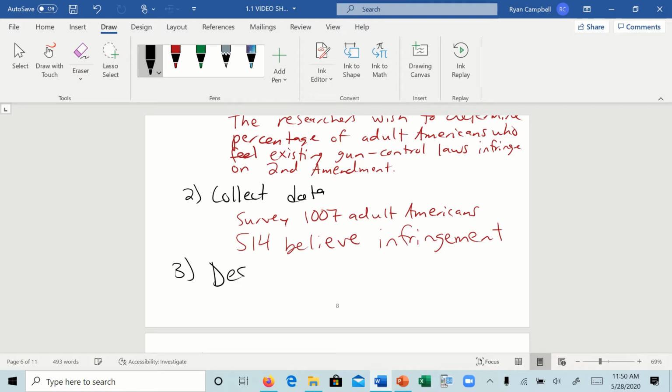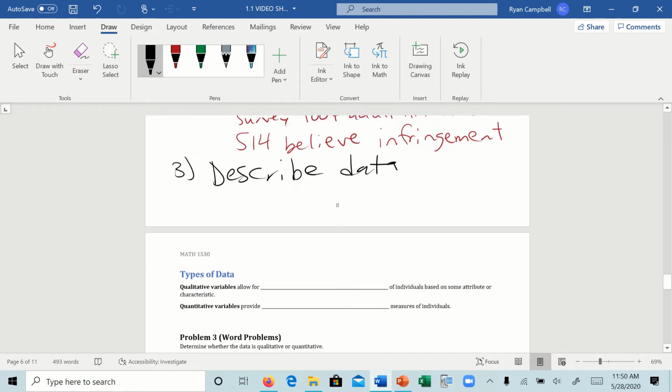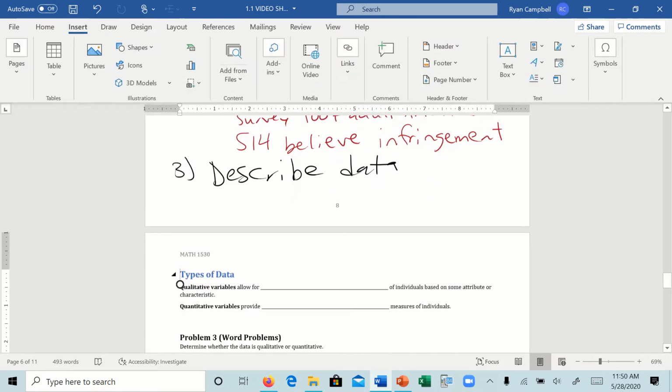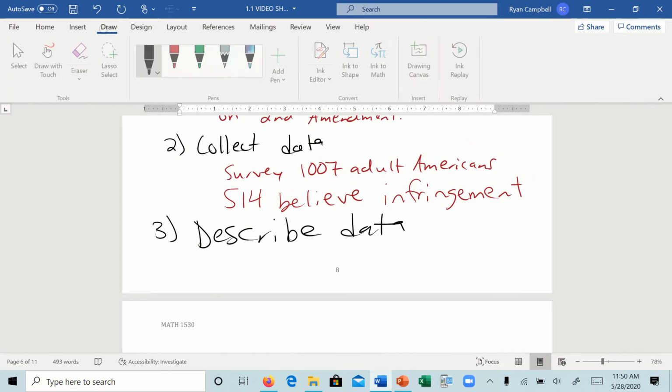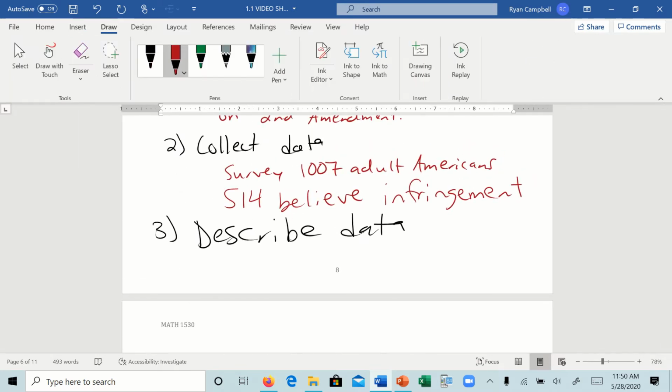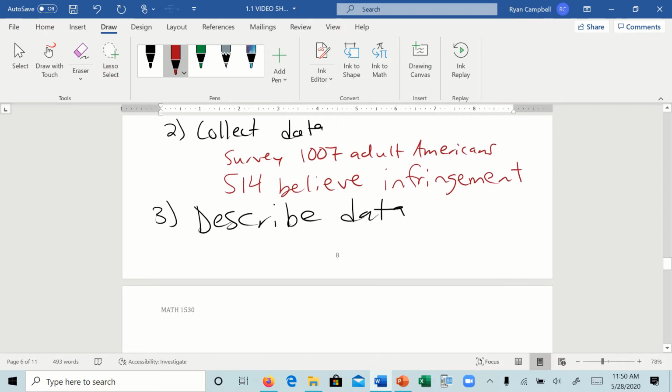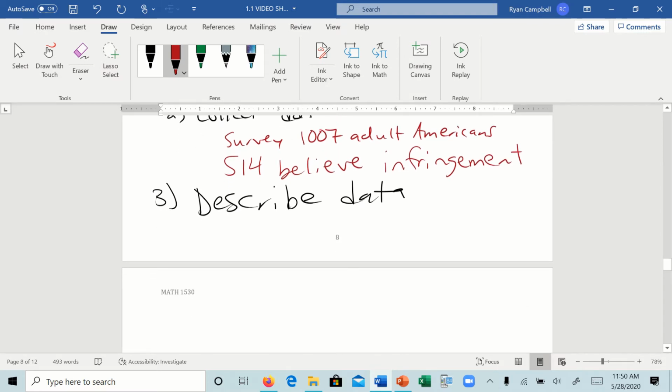So number 3, description. So describe the data. So let's give us a little more space. I'm writing a little too big, which is fine. So this can be something as simple as, like we said, finding the probability.